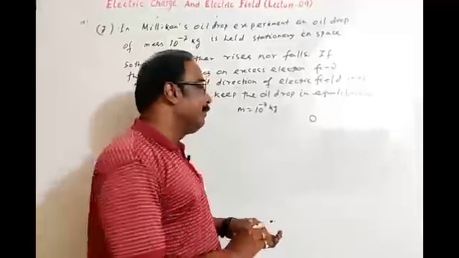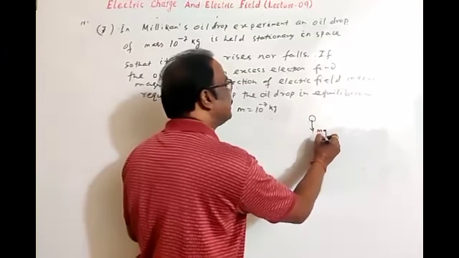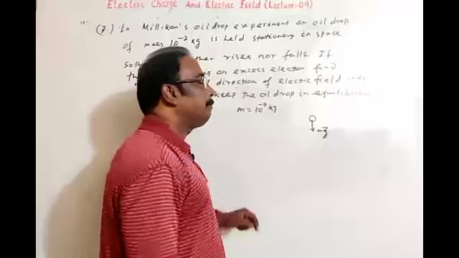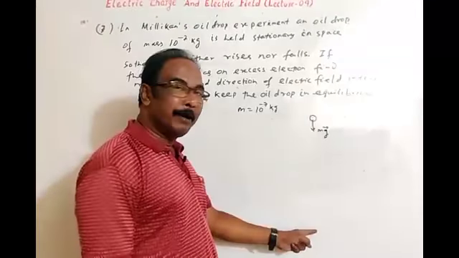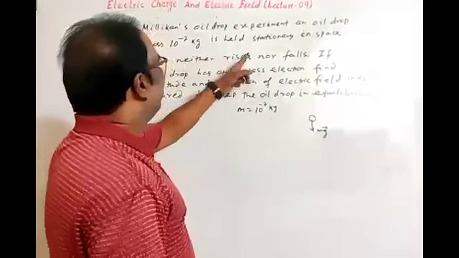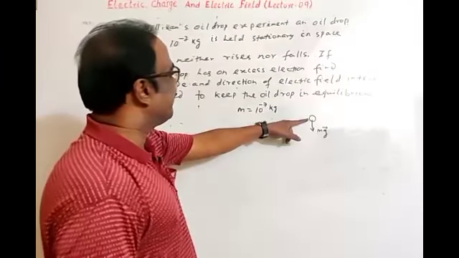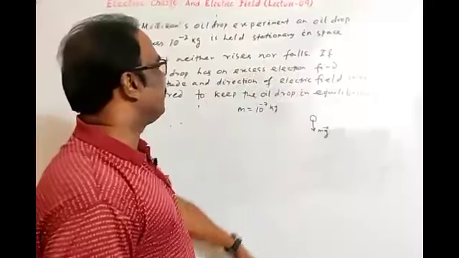Why will it fall down? Because the weight of the oil drop acts in the vertically downward direction. The weight imparts a force on it in the vertically downward direction, so it will fall. But it doesn't fall. It is held stationary, kept at rest in space, so that it neither rises nor falls.